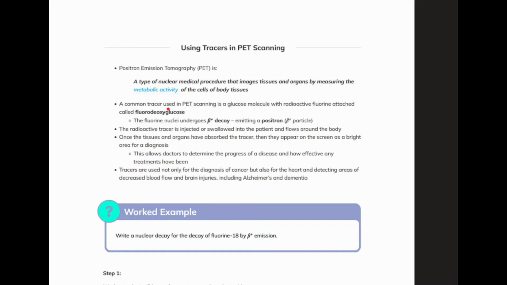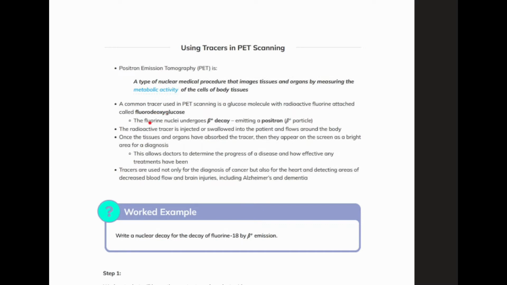A common tracer used in PET scanning is a glucose molecule with radioactive fluorine, the fluorine-18 that we studied just now, attached, called fluorodeoxyglucose. Fluorodeoxyglucose is basically glucose plus radioactive fluorine.